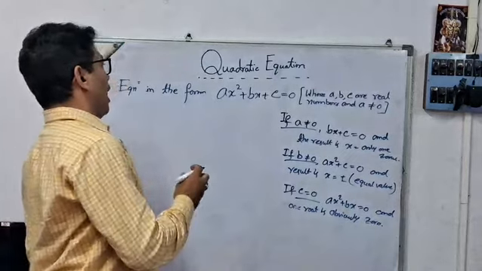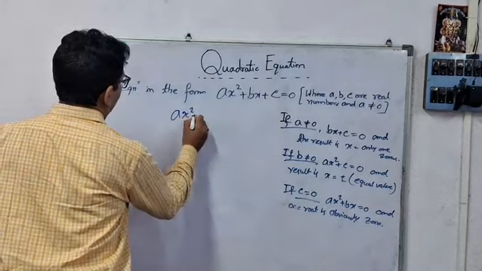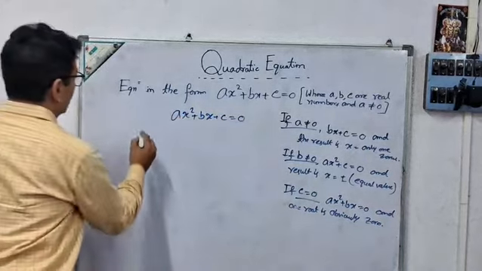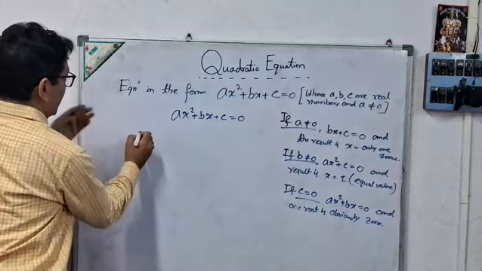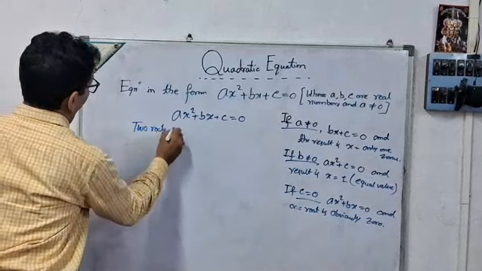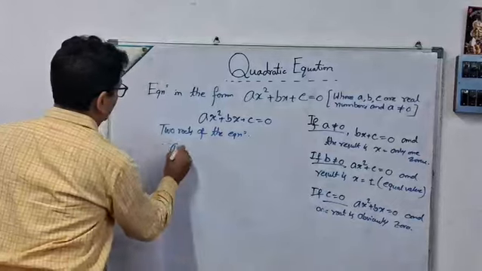Now, how to find the zeros? For ax square plus bx plus c is equal to 0, we will find the two values, or two roots of the equation, by following two methods.